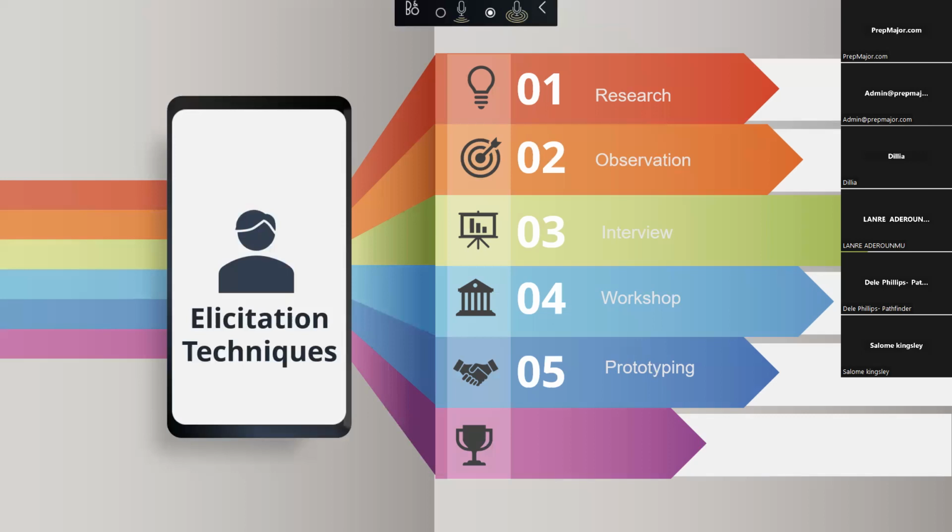You can do that using a wireframe, a process map, or a use case diagram to show the relationship between the user and the system, or a skeletal view of how the system will work or what it will look like at the end of the day.